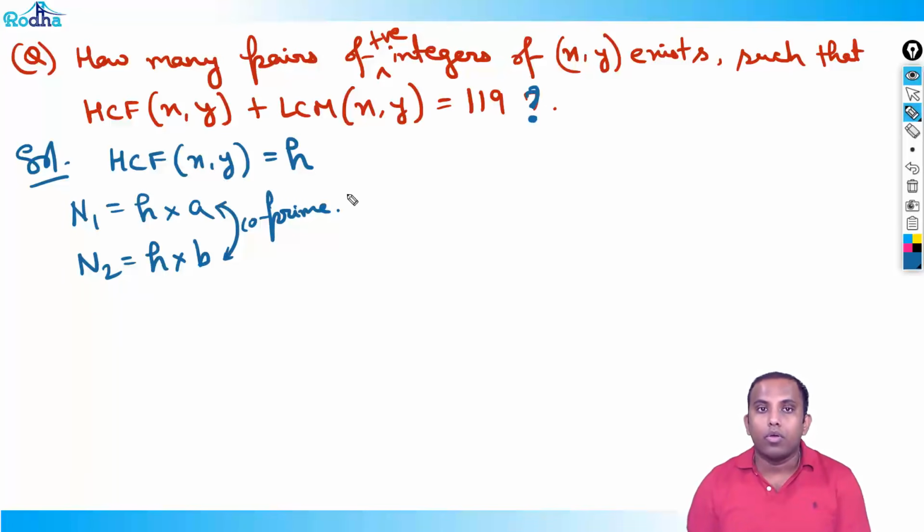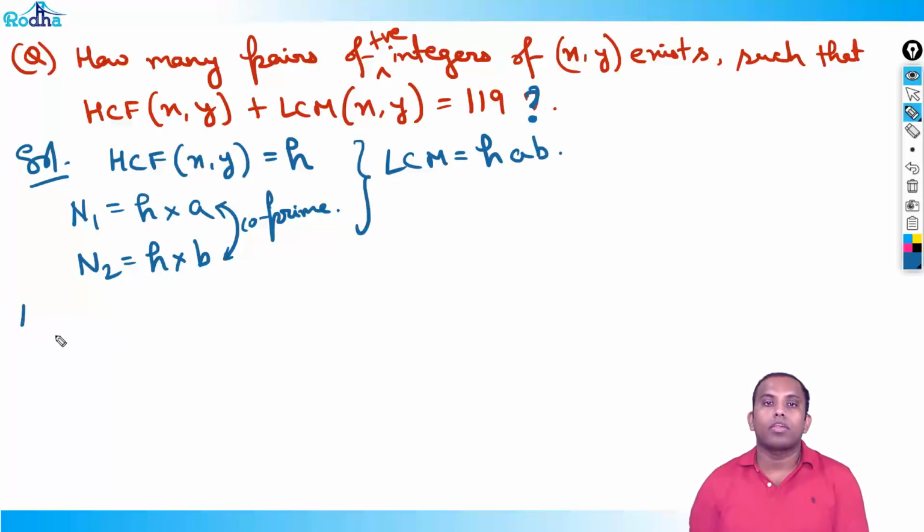Now, what is the LCM? If a and b are co-prime, the LCM of two co-prime numbers is simply their multiplication, a into b. They both are multiples of h, so h will come, and a and b, their LCM will be a into b, so hab. So their LCM is hab.